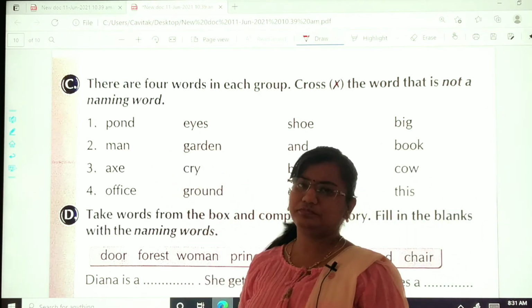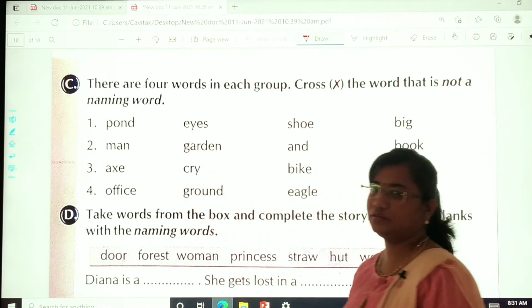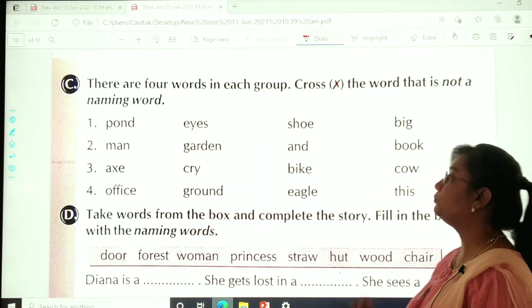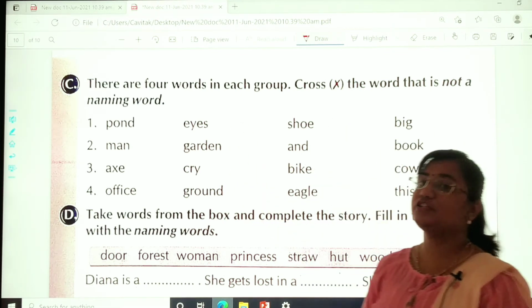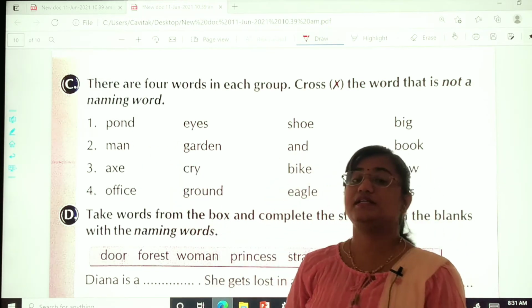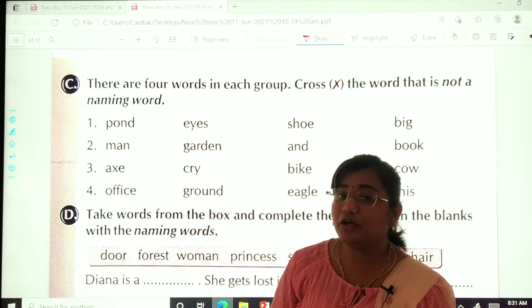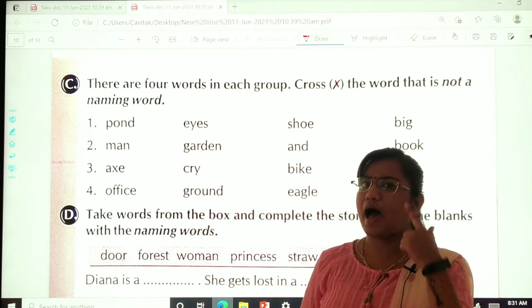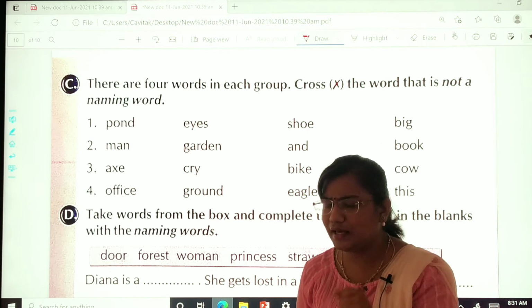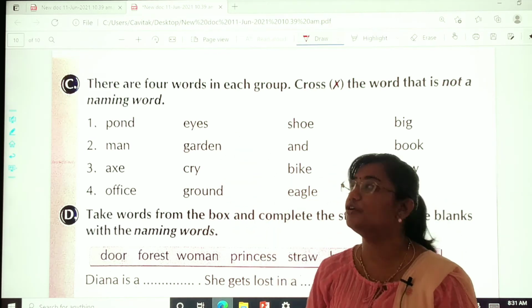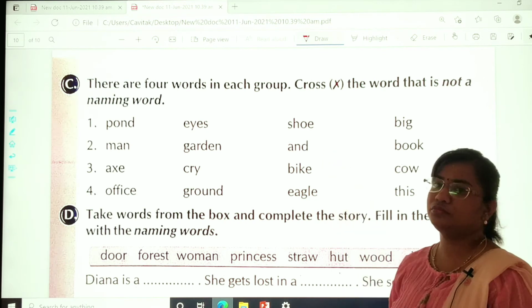Now, first one. Pond. Eyes. Shoe. Big. Dear children, pond is a noun because it is a naming word of a thing. Eyes. Eyes भी एक thing होती है. It is a part of our body. So, this is also a naming word. Then, shoe.